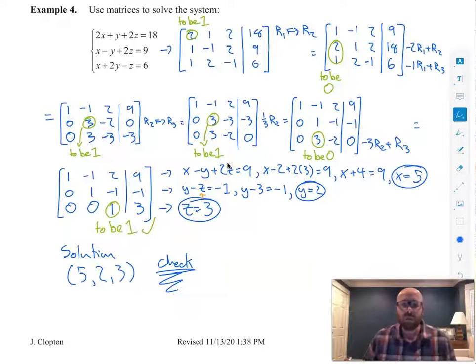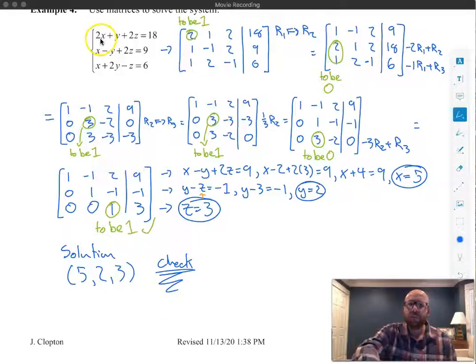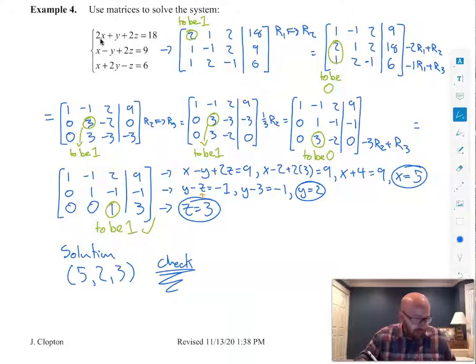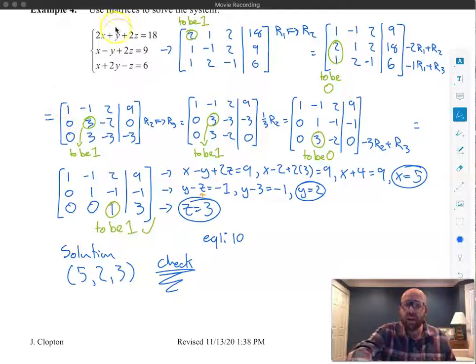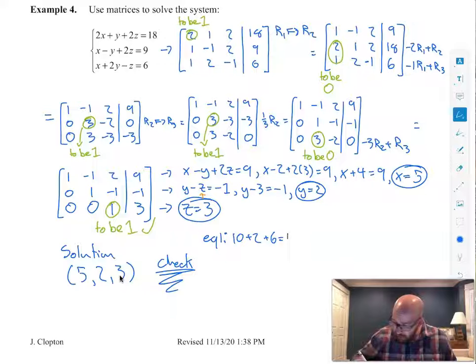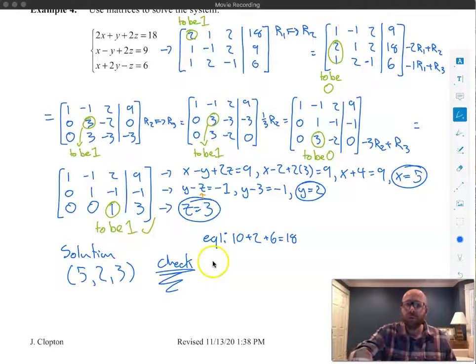So let's look at equation 1. 5 times 2 is 10, and then we have plus 2, and then 2 times 3 is going to be 6. Does this equal 18? Well, 10 plus 2 is 12, plus 6, that's 18, is equal to 18.